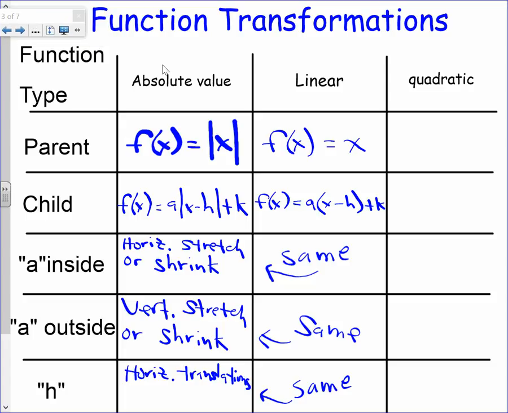We have absolute value, we have linear, we have quadratic. Last one before the year ends. I'll graph one right now so you can remember what a quadratic function looks like. It doesn't look like a V like the absolute value. It doesn't look like a line. It's a different type of shape. I'll show you right now.